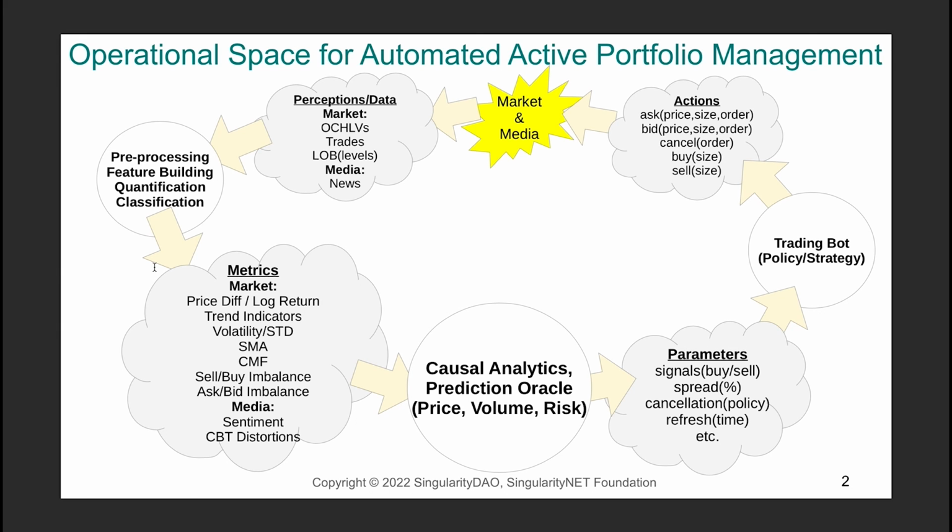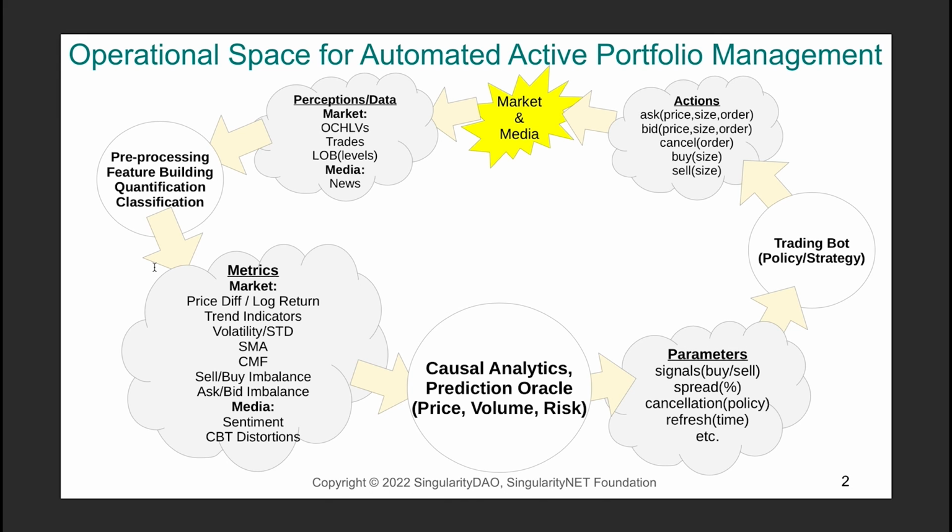So we are collecting different sources of data from the market, like centralized exchanges, and decentralized exchanges like smart contracts, and media, like different social media feeds from Twitter and Reddit.